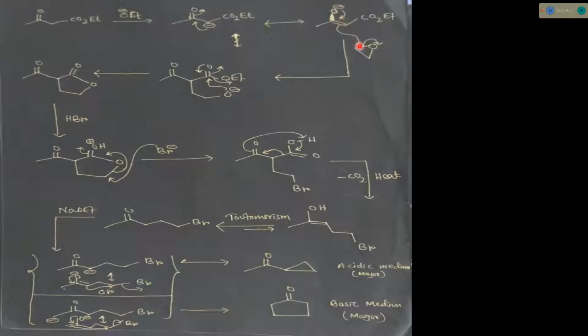It will attack the epoxide and the ring will open. Either this or this, in the same fashion, the same product will be obtained, because this is a symmetrical epoxide. Either it attacks this carbon or this carbon, the same will be the result. So see, after ring opening, this product will form.